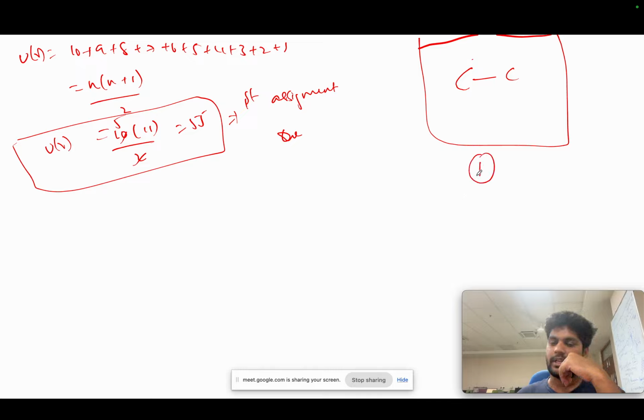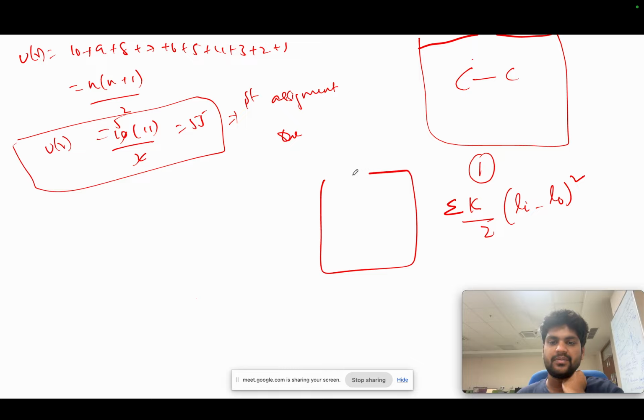Only one is applicable, right? Yes, sir. So now the formula for bond is K by 2 L1 minus L naught whole square. Okay. So what does this L naught say? See the whole equation, if I take the UR of this as L naught, this will be stable at only one position, right? Because the bond is stable at only one location, right?